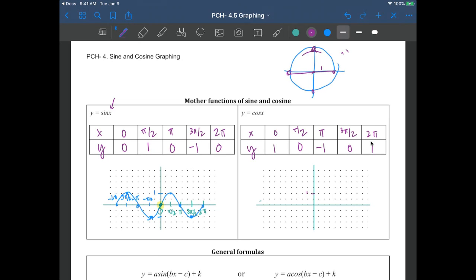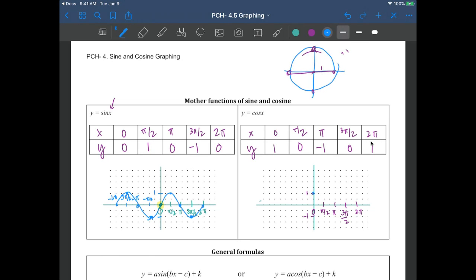So we're going to start at 1 and go down to -1. We split 0 to 2 pi up into quarters: pi over 2, pi, and 3 pi over 2.